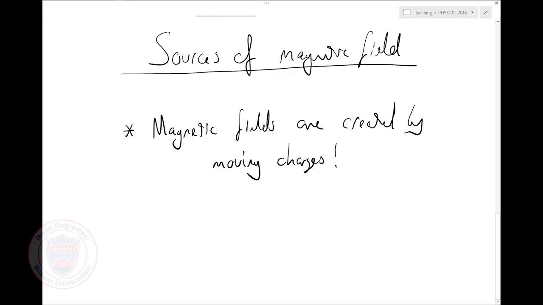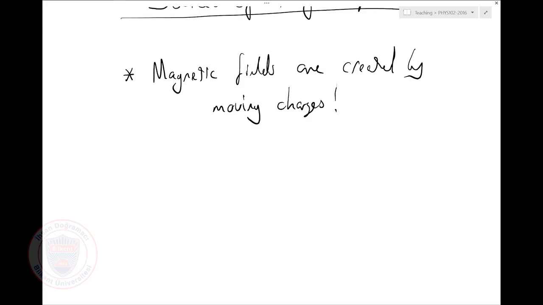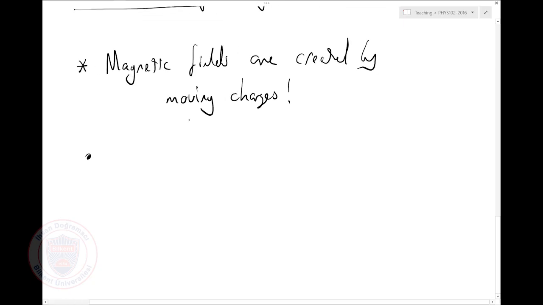What do I understand from moving charges? Well, maybe really individual particles moving in vacuum, but more importantly, instead of saying moving charges, maybe I should say they are created by currents. Okay. So the source of magnetic field is always a current.